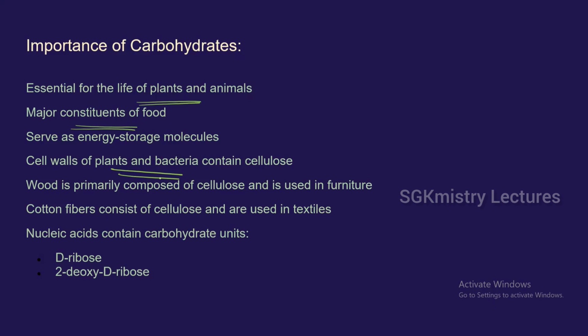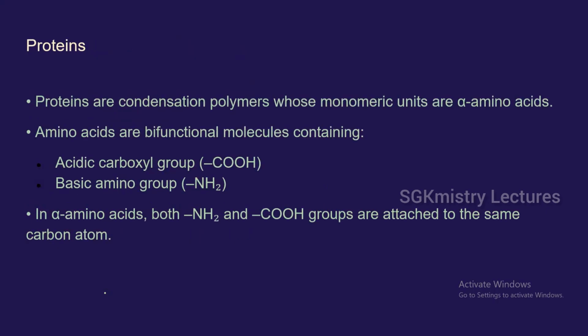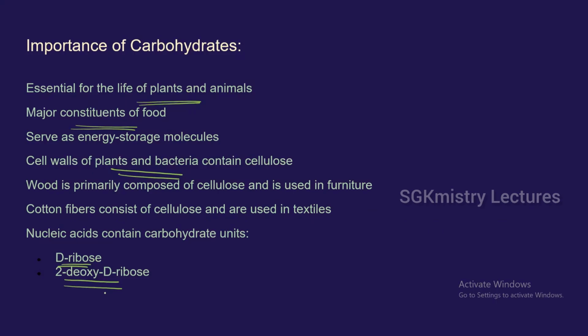And then nucleic acids contain D-ribose, which is a carbohydrate, and also 2-deoxy-D-ribose, which is also a carbohydrate. Most of the naturally occurring sugars have D configuration, they are in the D form. And one more thing is about the treatment of cotton articles, the natural fibers made up of cellulose.